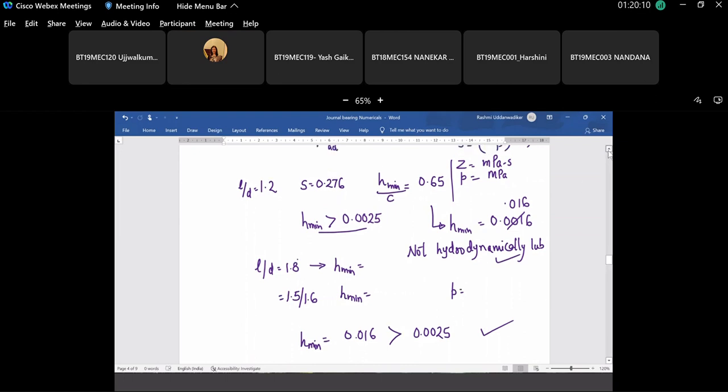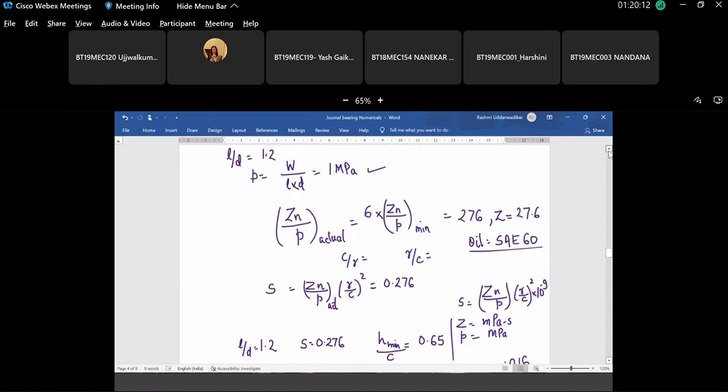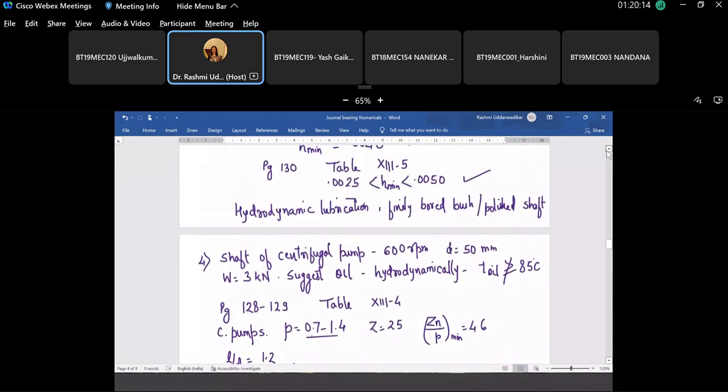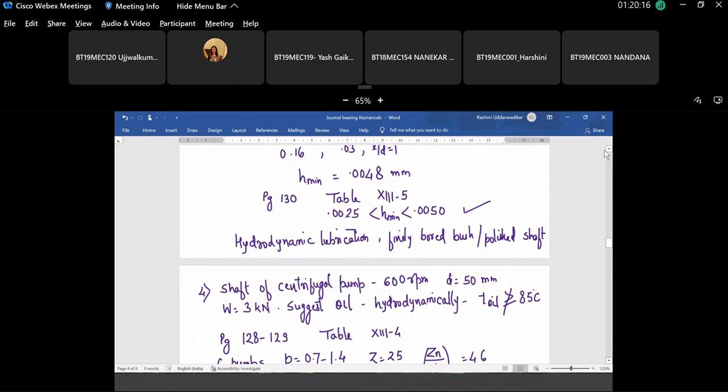So if you have any doubts in whatever questions we have solved till now, hydrostatic bearing is when one of the surfaces is stationary and the two parts are separated from each other. It's load bearing, but then there is no relative velocity.